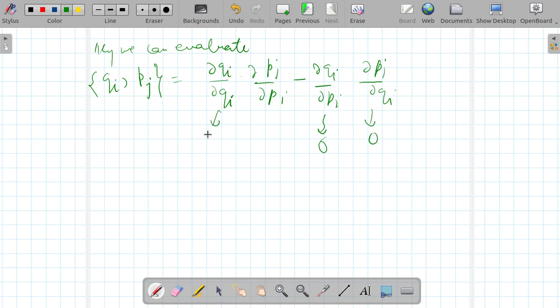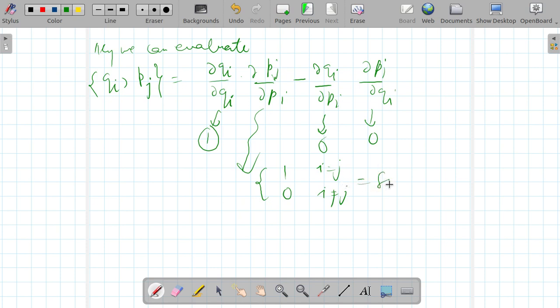For Pj with respect to Pi, the value will be 1 if i is equal to j, otherwise 0.